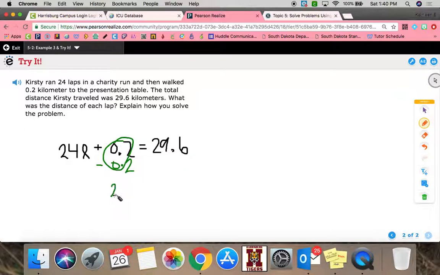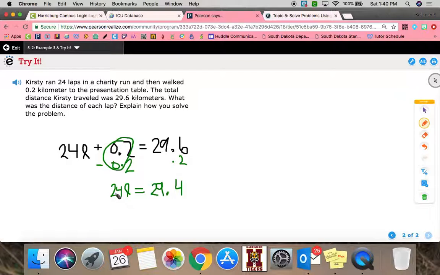So we'd be left with 24L is equal to 29.6 minus 0.2, which would be 29.4. The opposite of multiplying by 24 would be to divide by 24.